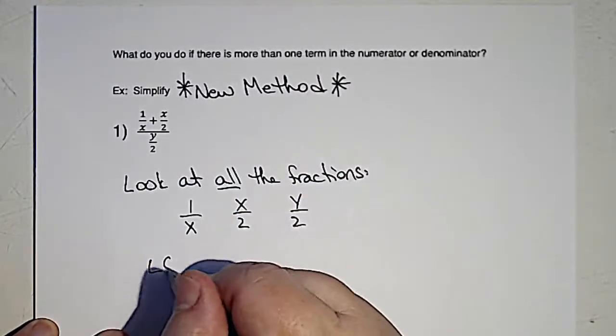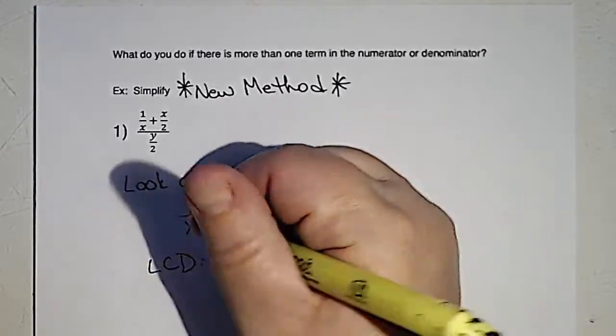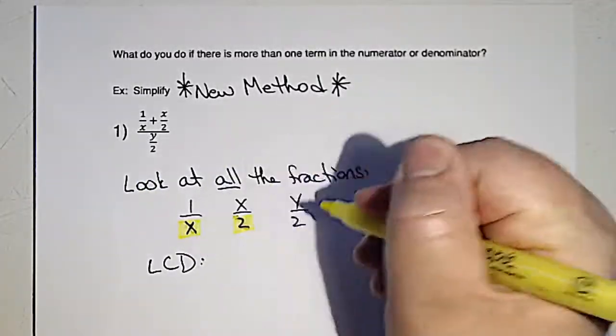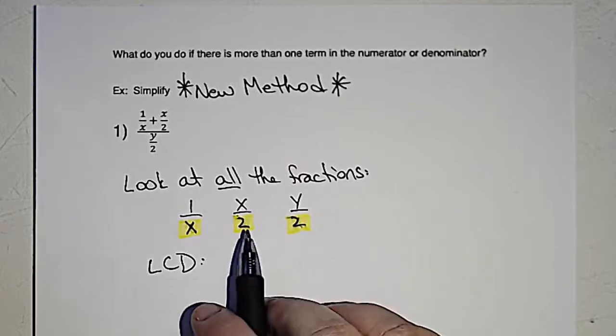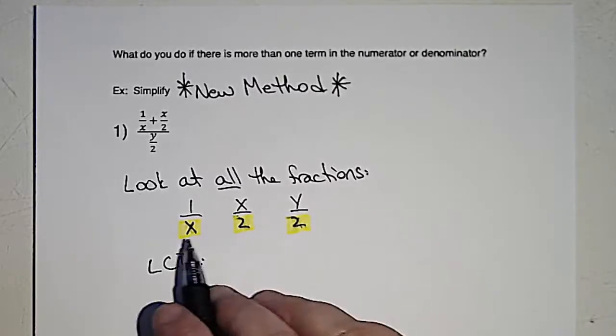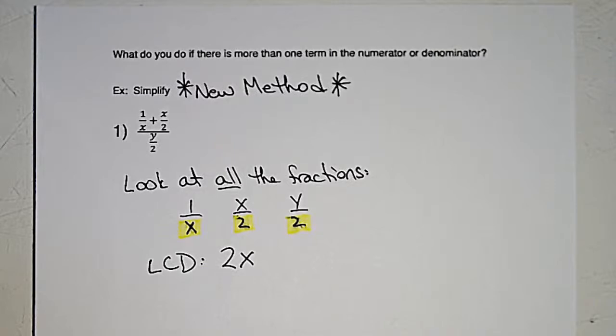What is the LCD of all of these? So let's look at the denominators. I've got an x and a 2 and a 2. And remember, since they're going to be wearing pants separately, we don't have to include both 2's. We just include one of the two. So I'm just going to include a 2 and an x. The LCD is 2x.